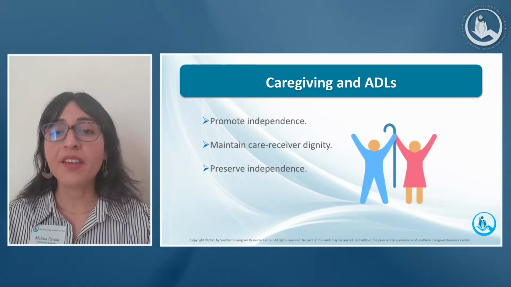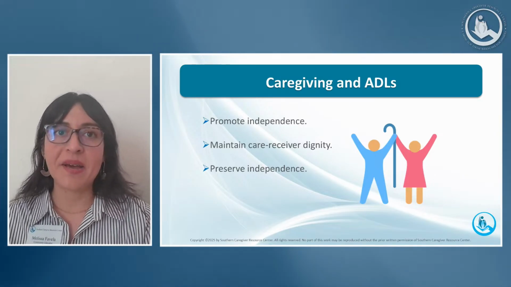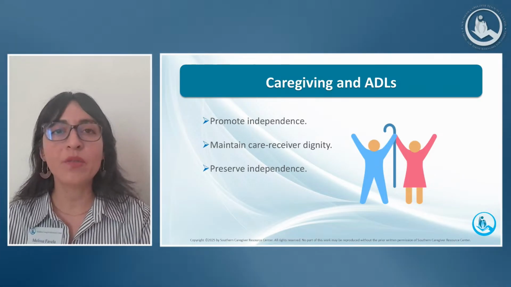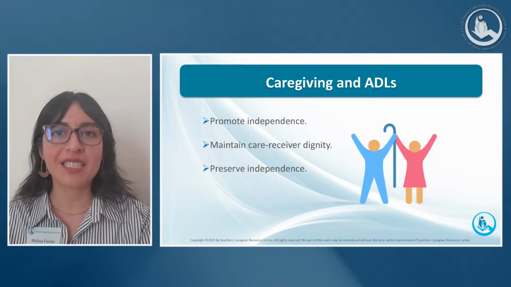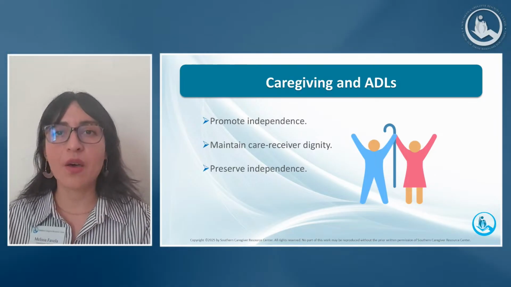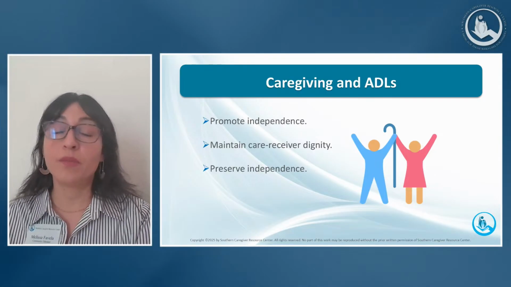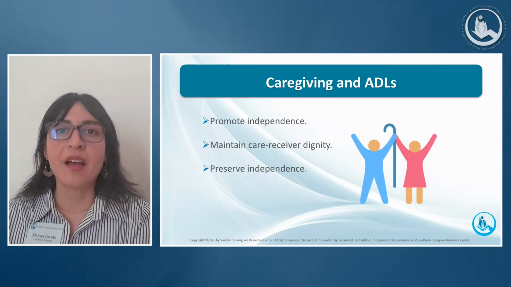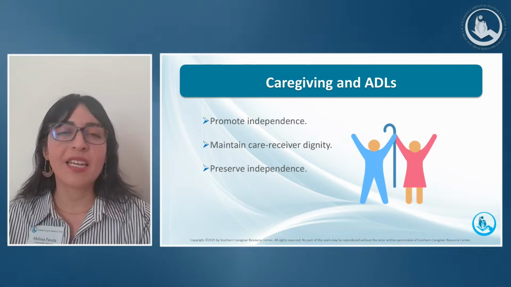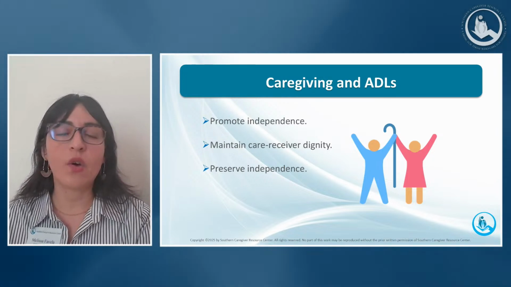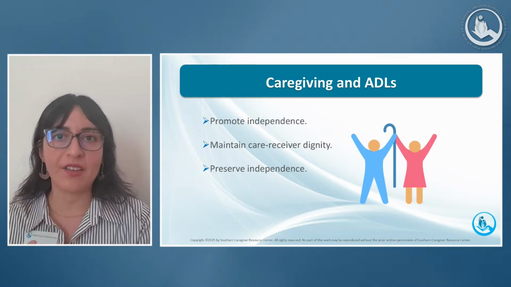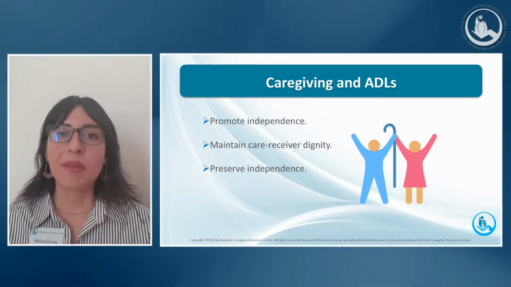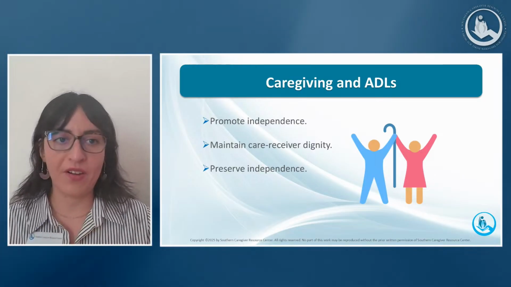Now, caregiving and ADLs. Caregivers, as I've been mentioning, play an important role in the recognition, assessment, and adjusting to help care receivers with ADLs and IADLs. Now, many think that caregivers have to take over their care receivers' ADLs, right? So if mom is having issues bathing, then now I have to bathe her, right?